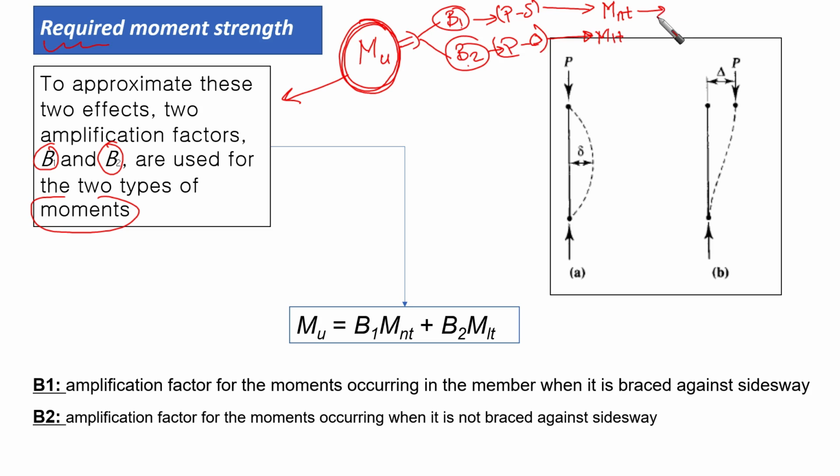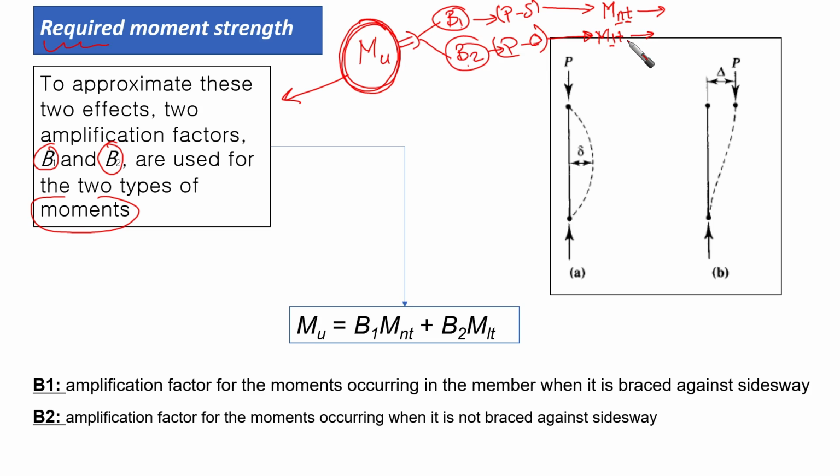NT, as I said, means no translation. It means the braced case, side sway prevented. These are synonyms of NT. And LT means the lateral translational case, where side sway is permitted.